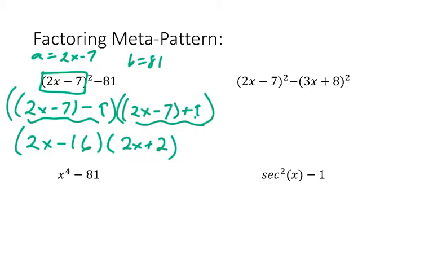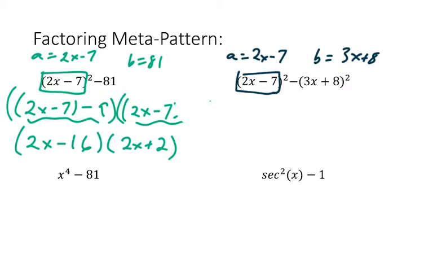And then notice we could do something even more complicated, where here my a is the 2x minus 7. And then what if my b is like a 3x plus 8? It's going to get kind of complicated. I'm going to make a little room over here. Maybe I'll use a big bracket.